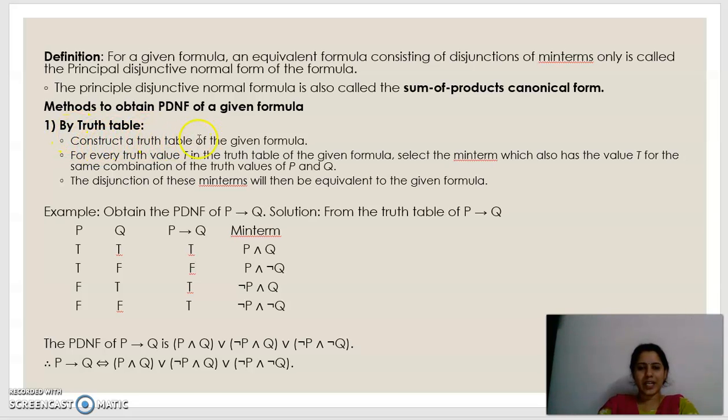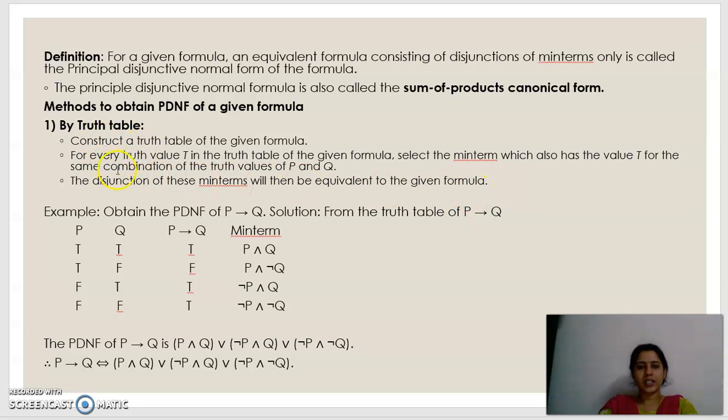First let's see how to find the principal disjunction normal form by using the truth table. The first step is to construct the truth table. Then, only wherever you have the truth value T, for that combination we take the P and Q values and convert them into min terms. Now apply the disjunction between the min terms.